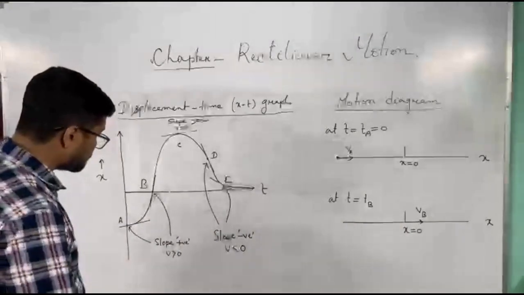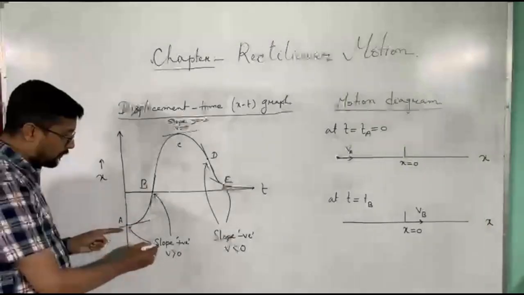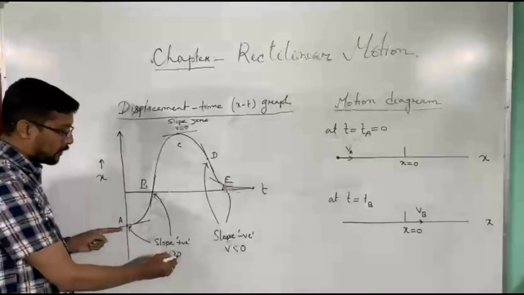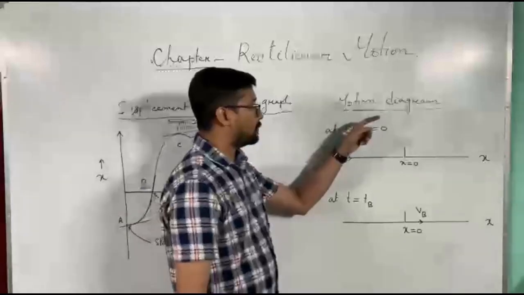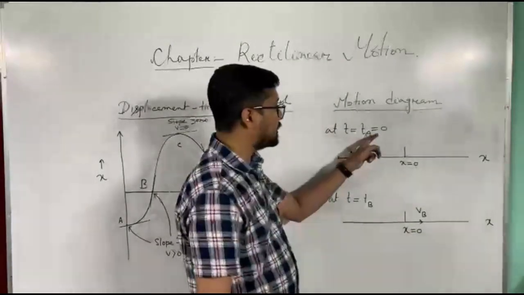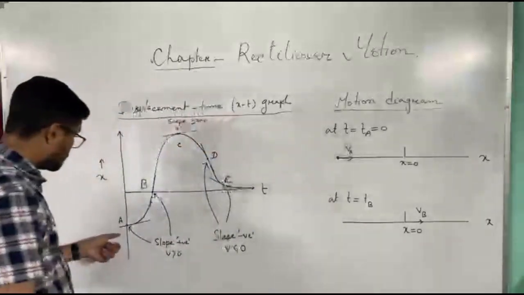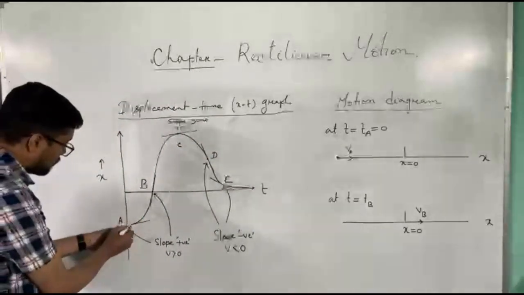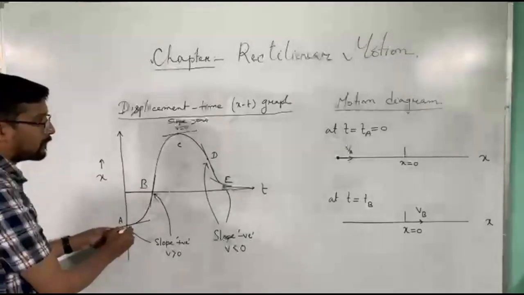Now you see, as I told you, at A slope is positive, so velocity is greater than 0. Now I am going to draw this in the motion diagram. It is already shown in the motion diagram. At t equal to ta, that is equal to 0, the object is here, that is at some negative x.